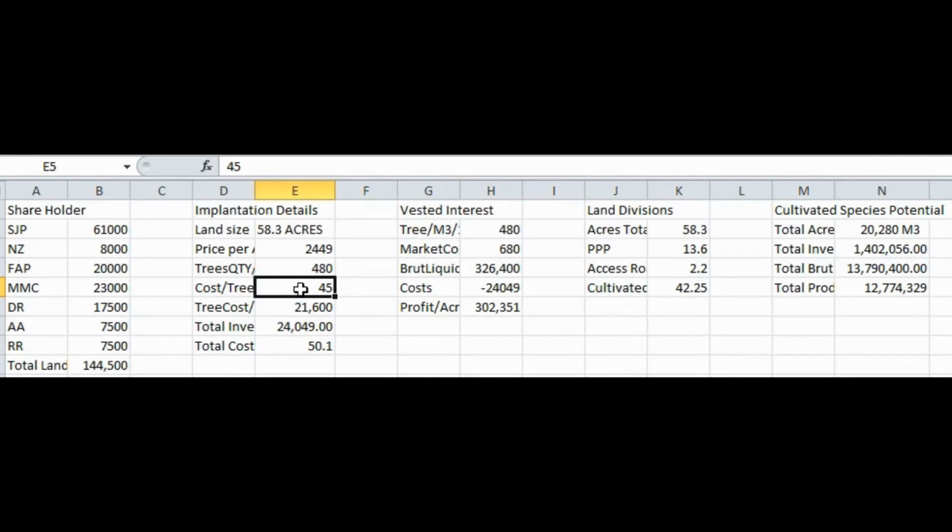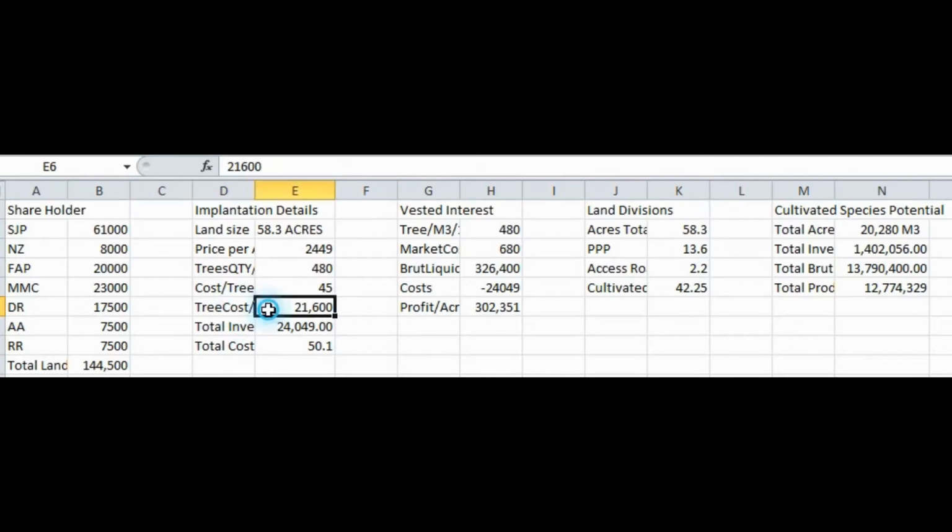That includes the cost of the cloned species, the labor to prepare the ground, to do the implantation, the soil conditioning, all the fertilizer, soil treatments going on through the course of the life cycle of the 10 to 12 year project, and the implantations such as edifice, etc. Everything that we need to do within the plantation is covered in this tree cost.